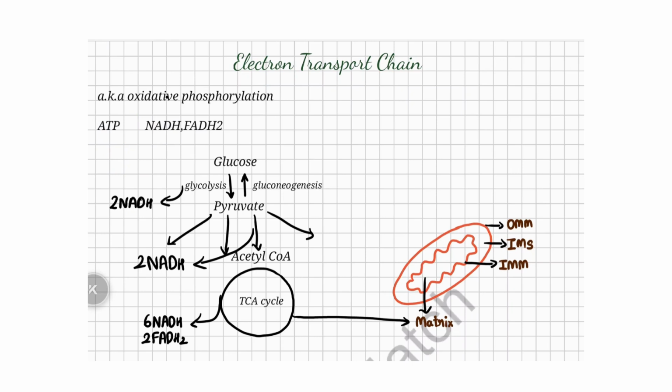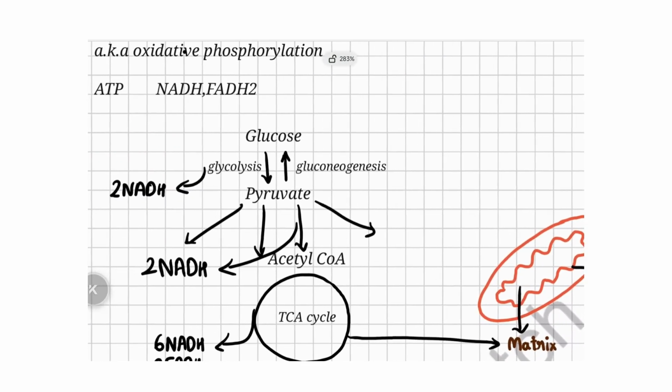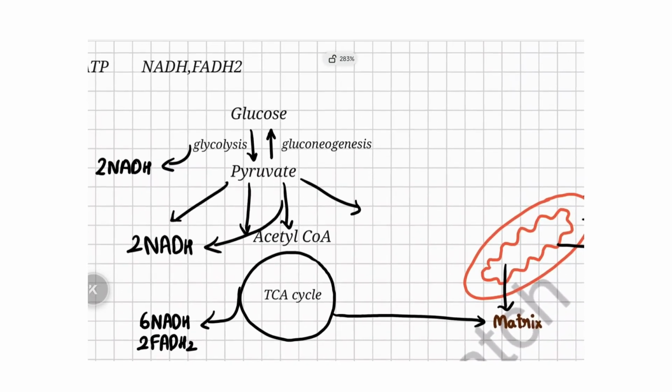And how does it do this? It requires two molecules named NADH and FADH2. And how do we yield these molecules? I want to dive deep into one of the metabolic processes to make you understand this.